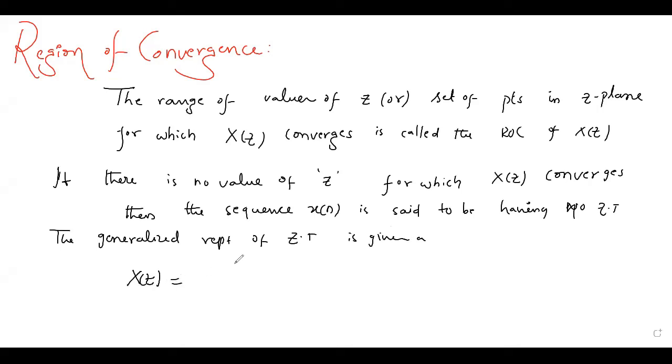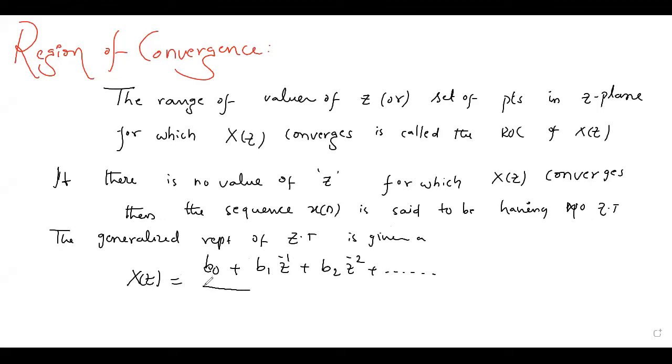Some coefficients may or may not be there; they may be 0 also. B0, some constant B1 into inverse powers, generally used for Z function, B2 into Z power minus 2 plus so on.